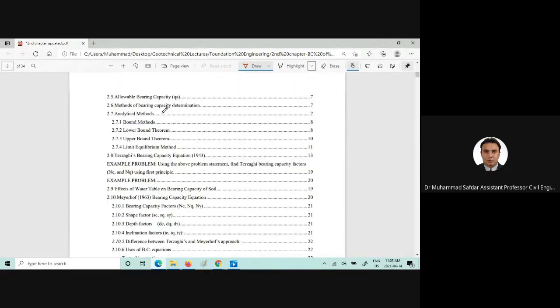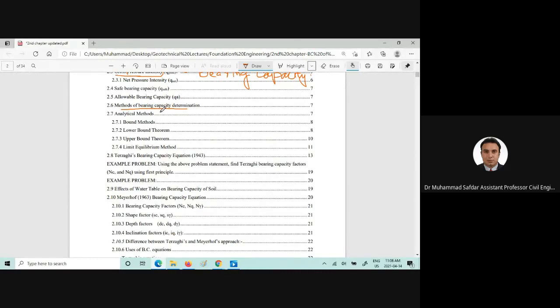Now, obviously, if you want to find out the bearing capacity of a soil, there should be methods to find out the bearing capacity determination. Now, for bearing capacity determinations, there are few methods.